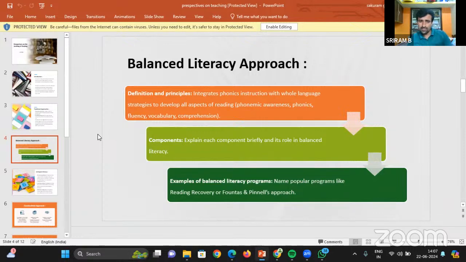Next one, read. Components: explain each component briefly and its role in balanced literacy. Examples of balanced literacy programs: name popular programs like Reading Recovery or Fountas and Pinnell's approach.